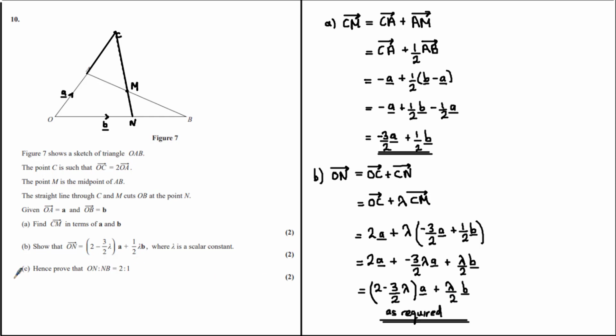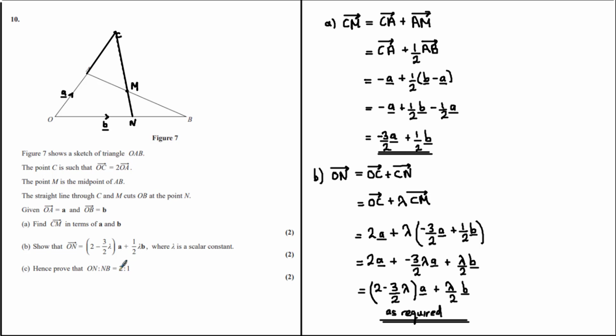The last part says, hence prove that the ratio ON to NB is equal to 2 to 1, and this is for 2 marks. Now, in order to prove that the ratio ON to NB is equal to 2 to 1, from our ratios we should know that there are a total of 3 parts to this ratio, and therefore ON would represent 2 out of the 3 parts of this ratio.